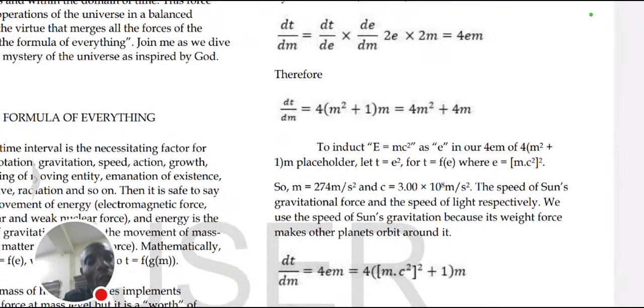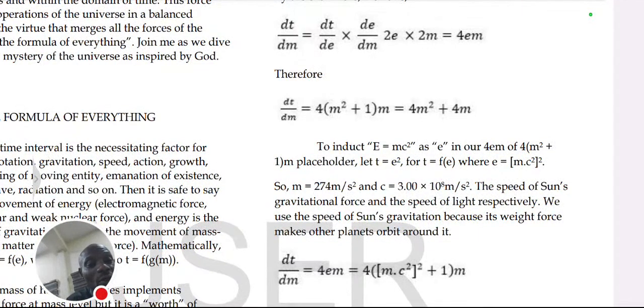Now the 4m squared represents the strong conveying force. I call it strong conveying force. And then the other one, 4m, represents weak conveying force. Right here we only have the 4m squared to be the strong conveying force placeholder, while the 4m is the weak conveying force placeholder. So this is how I'm able to actually match the strong nuclear force with the weak nuclear force and all that.